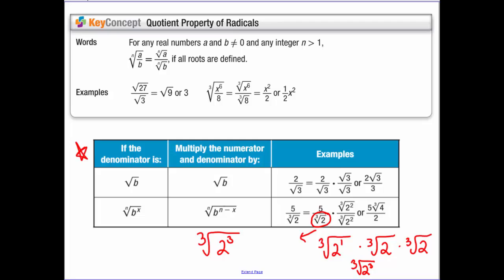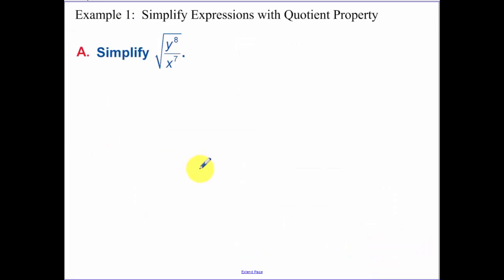Okay, so let's do some examples involving these. Simplifying our expressions. First, what I want you guys to do is first simplify any perfect squares you can pull out of that radical. Meaning, we have the square root of y to the 8th on top, and we have the square root of x to the 7th on the bottom. That simplifies to y to the 4th squared, because I multiply those exponents to get me back to 8.